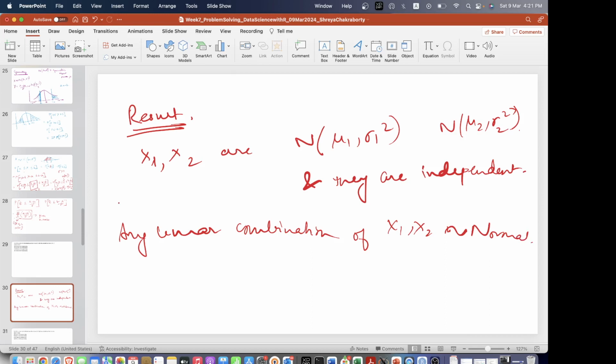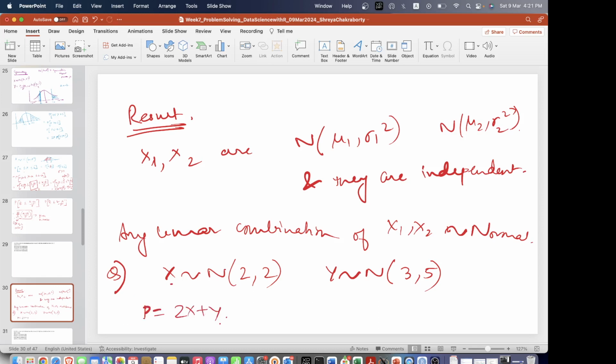So let's say if I have something like this, x follows normal 2, 2 and y follows normal 3, 5. Since both are normal, I want to find out the distribution of p equal to 2x plus y. Okay, so it could be anything of the format cx plus dy, where c and d can belong to any number in the real line.